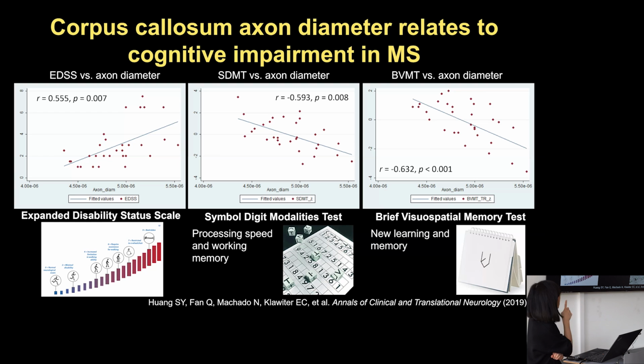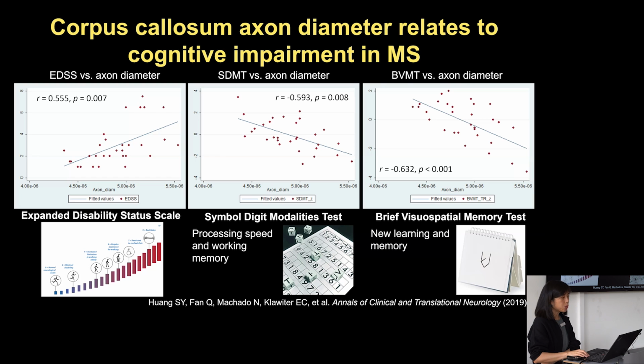And these functions are especially reliant on the corpus callosum for interhemispheric transfer. They're tests of processing speed, working memory. So it's very interesting to see that amongst the whole battery of tests that we studied in these patients, these two cognitive tests seem to pop out as the strongest correlates with axonal diameter.